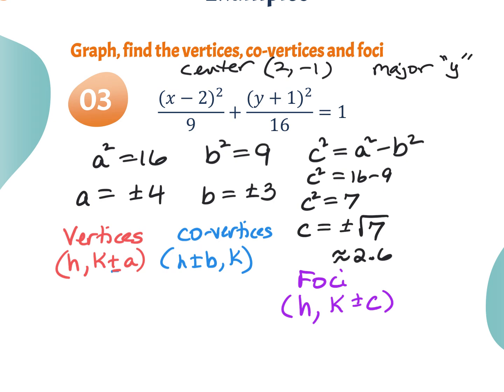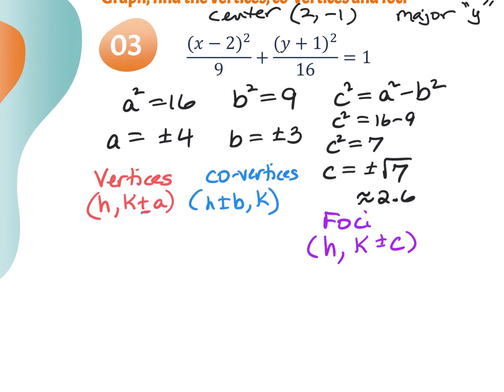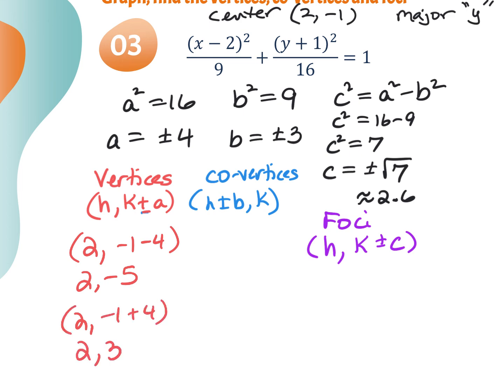So let's go ahead and plug in the numbers. For my vertices, h stays the same, it was 2. And then k is negative 1. First I'm going to subtract 4, and then I get 2 comma negative 5. And then I also have to do 2 comma negative 1 plus 4, and 2 comma 3. So my two vertices are 2, negative 5 and 2, positive 3.